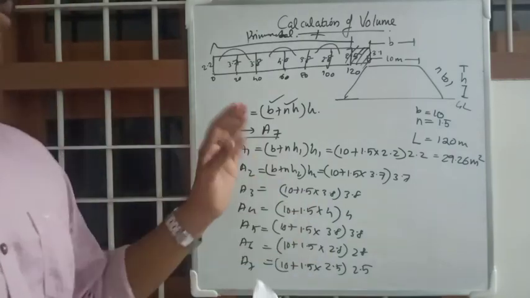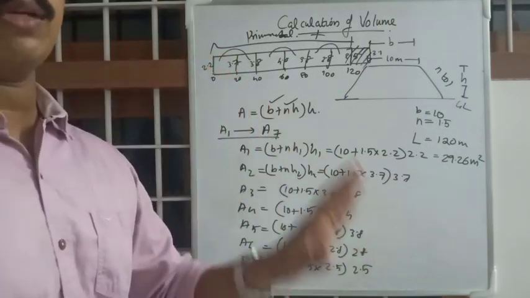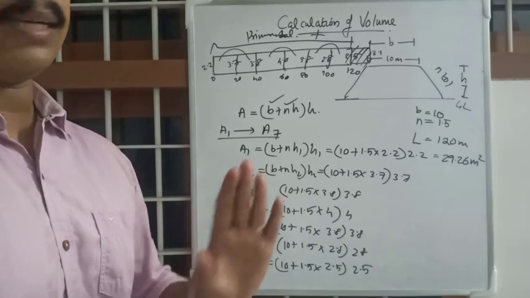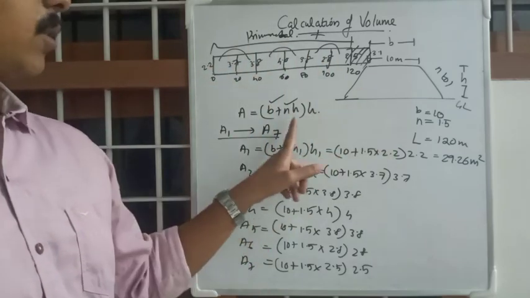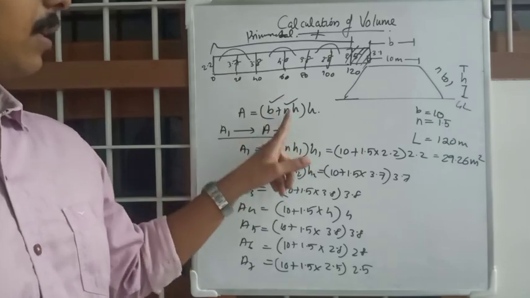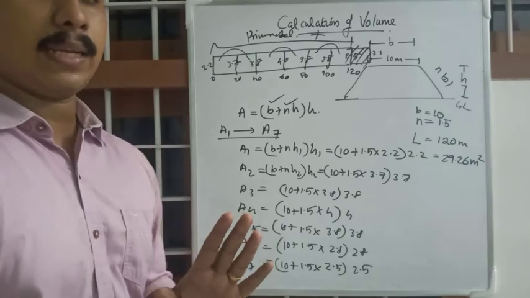I hope you understand the calculation of volume. It is very similar to the calculation of area. In this cross section method, you just find the cross sections and substitute the values in the prismoidal and trapezoidal equations. Okay, thank you.